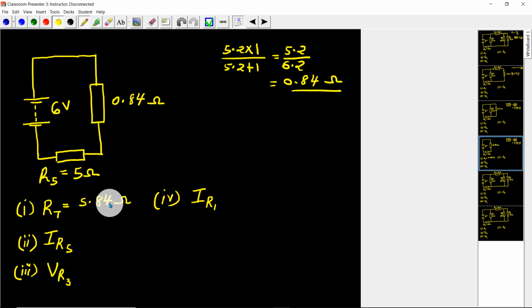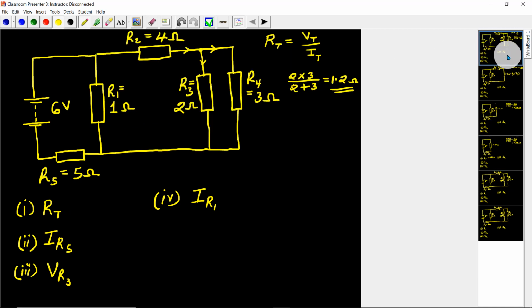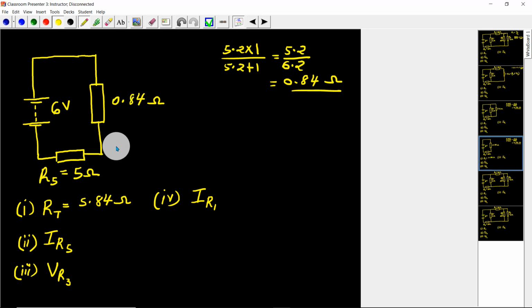And you can see how easy it is when I continuously reduce a complicated circuit into a purely series connection of resistors.